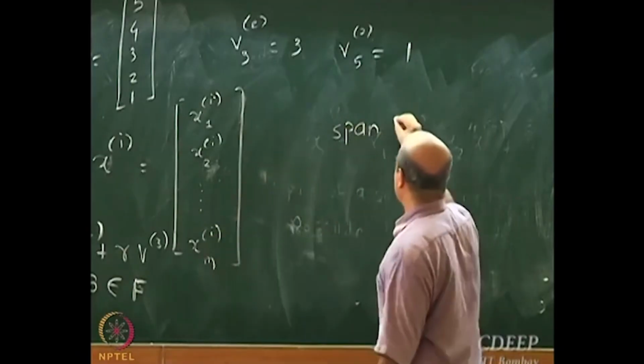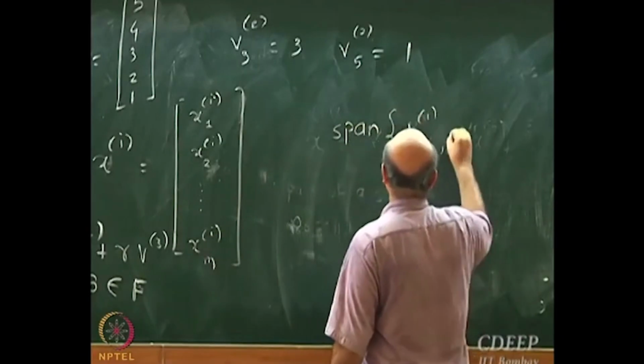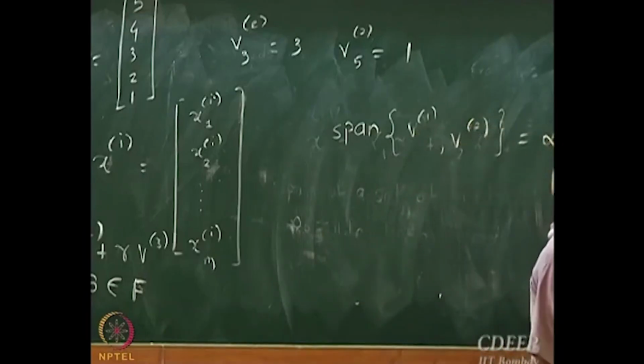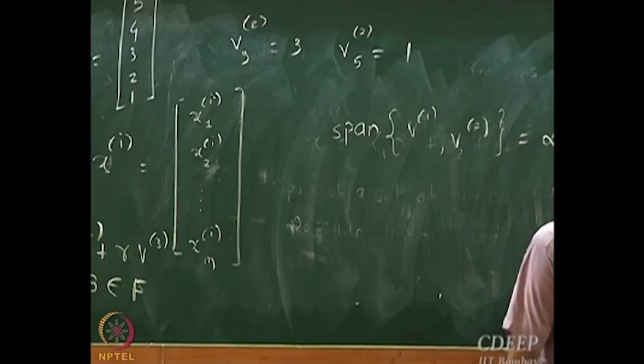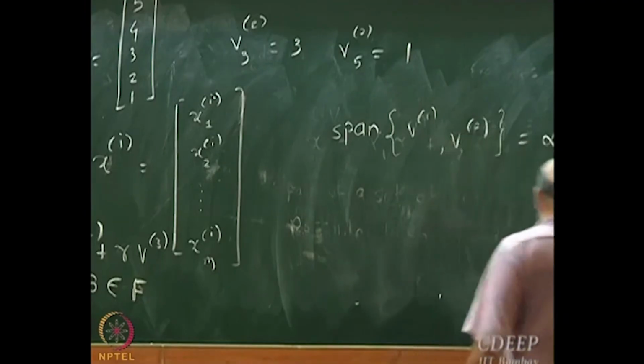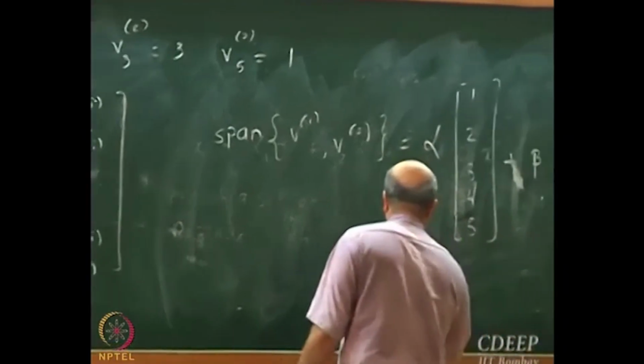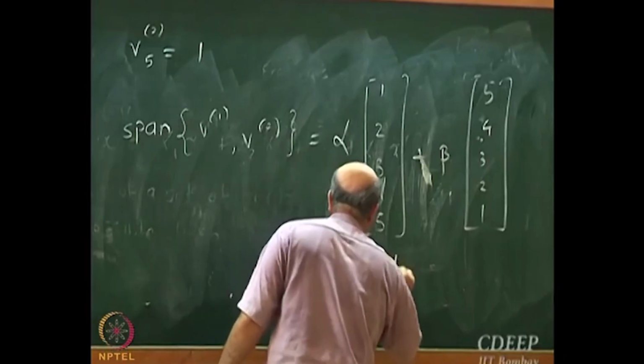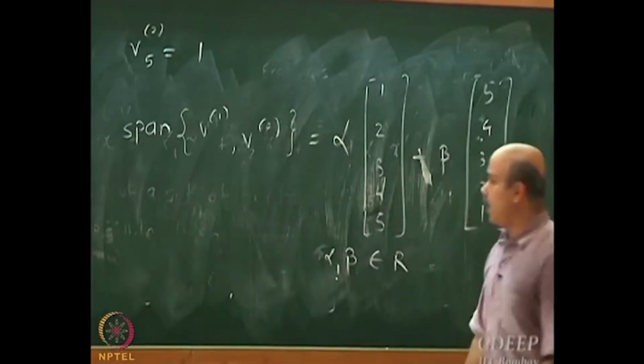If I take the span of V1, V2, it is alpha times 1, 2, 3, 4, 5 plus beta times 5, 4, 3, 2, 1, for alpha, beta belongs to R.